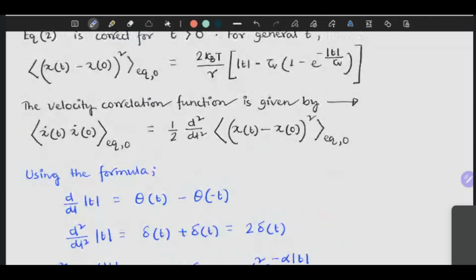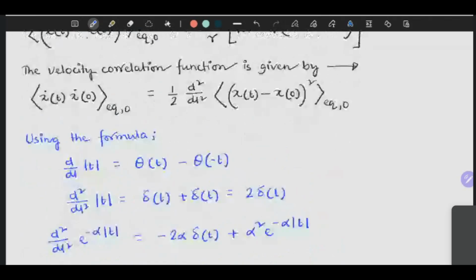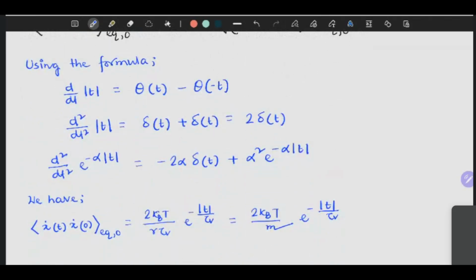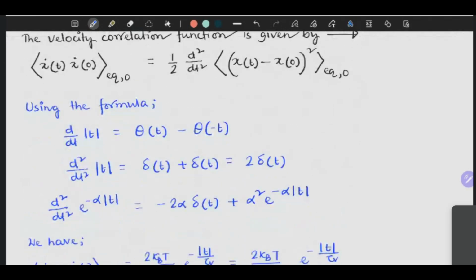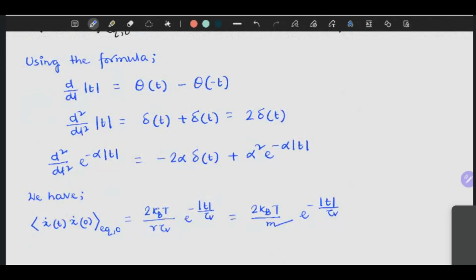Here alpha means 1 by tau v, that's why 1 by tau v square is there. With 2 kBT, one tau v cancels out and it becomes 1 by tau v. So that's why 2 kBT by gamma tau v. Okay, it is quite simple.